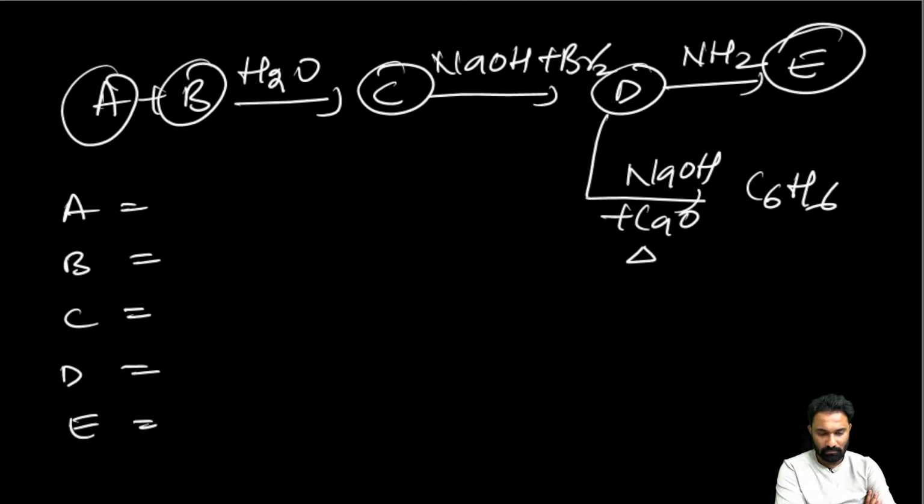Then what is the C? If the D is benzoic acid, then what is the E, what is the C, what is the A, what is the B?